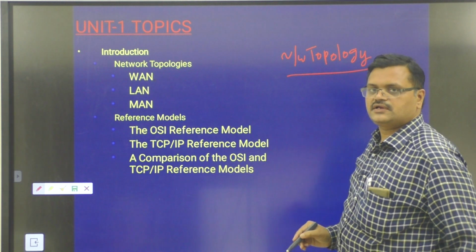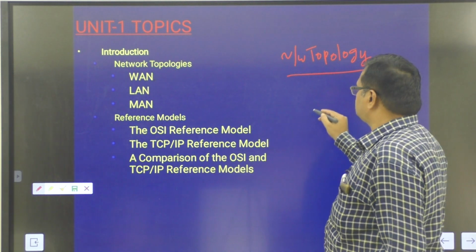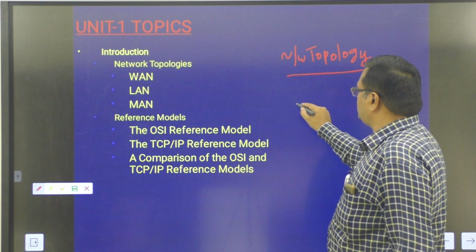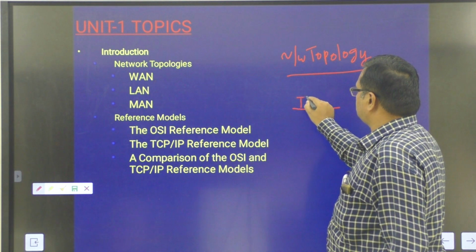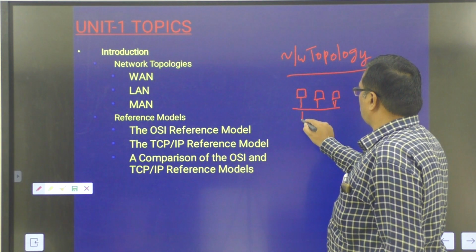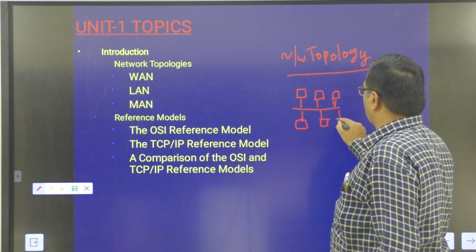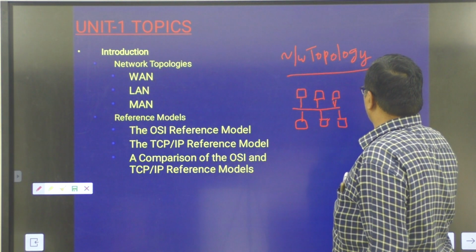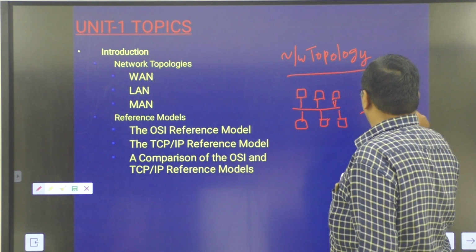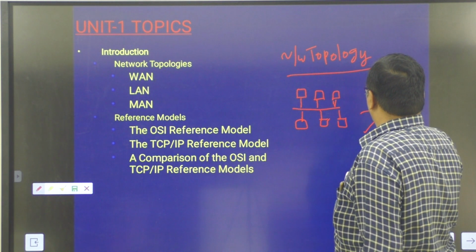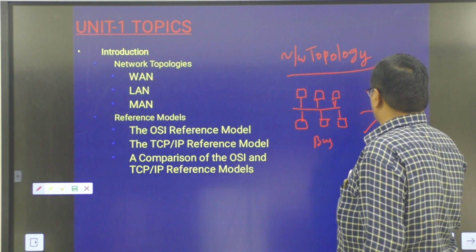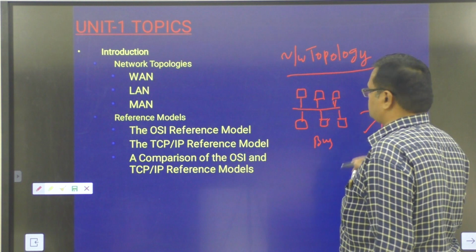A network topology is nothing but the structure of the network. So in a point to point, for example, it could be a bus like this, or it could be a star.